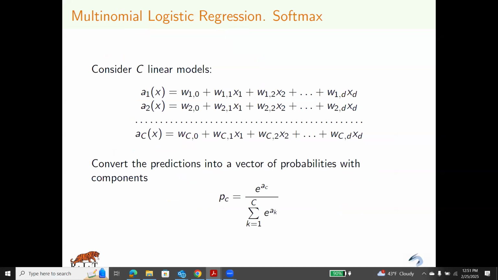And we will look at the problem, which actually classifies all classes, not binary classification, but multi-class classification.